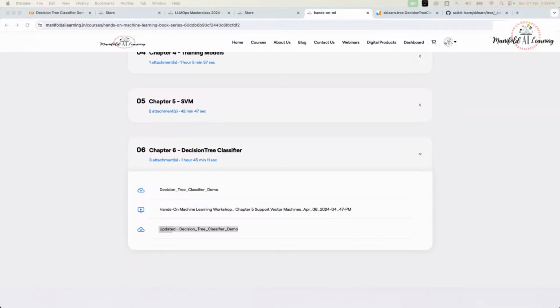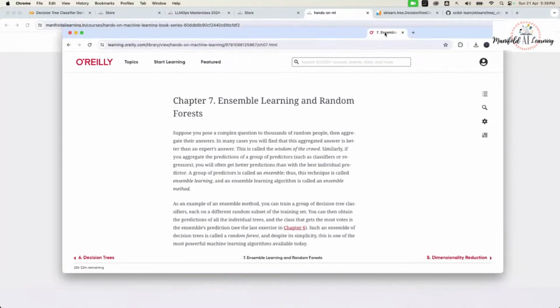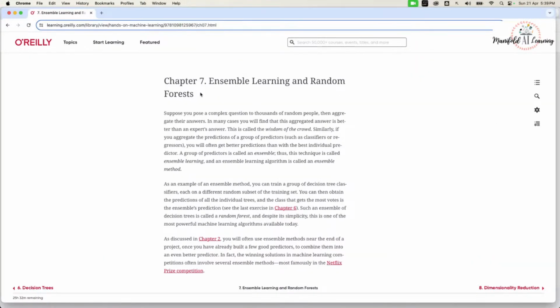So let's proceed further, folks. If we move on to the next chapter in Hands-On Machine Learning, the next chapter is about ensemble learning and the random forest. Let's have a high-level idea about what exactly ensemble learning is, and we'll discuss it in detail in our next session.